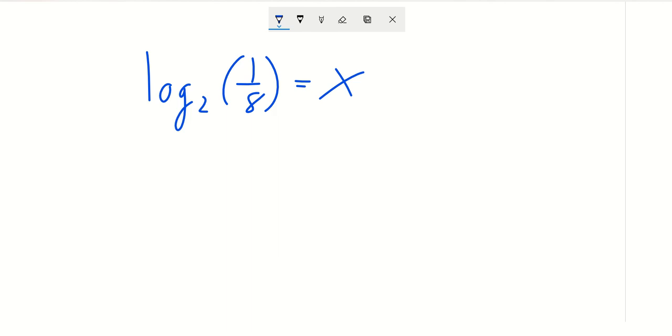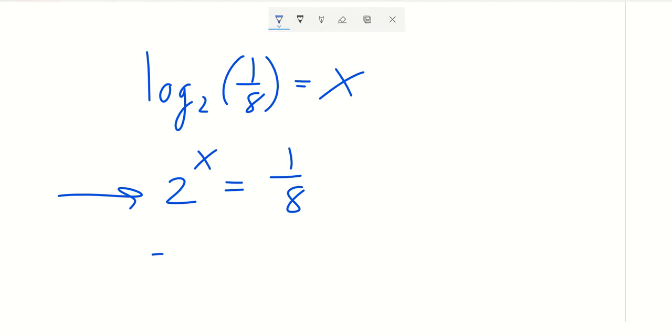Take that log statement and convert it back to an exponential statement. The base to the exponent equals the value. So finding log base 2 of 1/8 is equivalent to asking the question, 2 to what power equals 1 over 8?